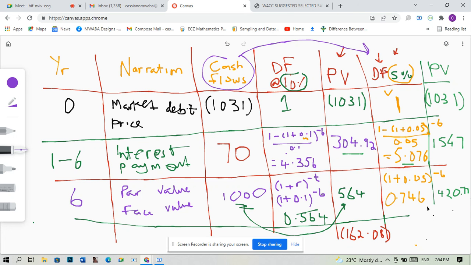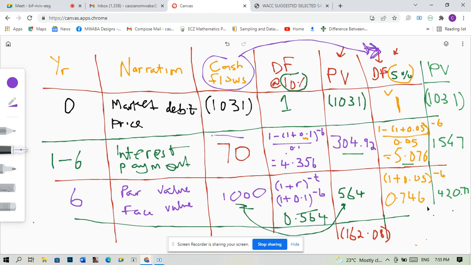So the cash flow was 1000 times 1, and we still have 1031.